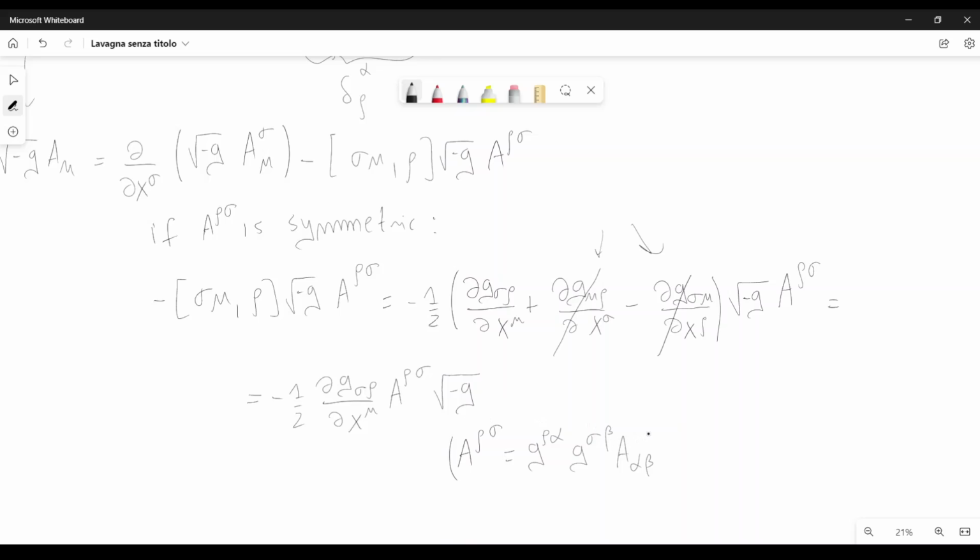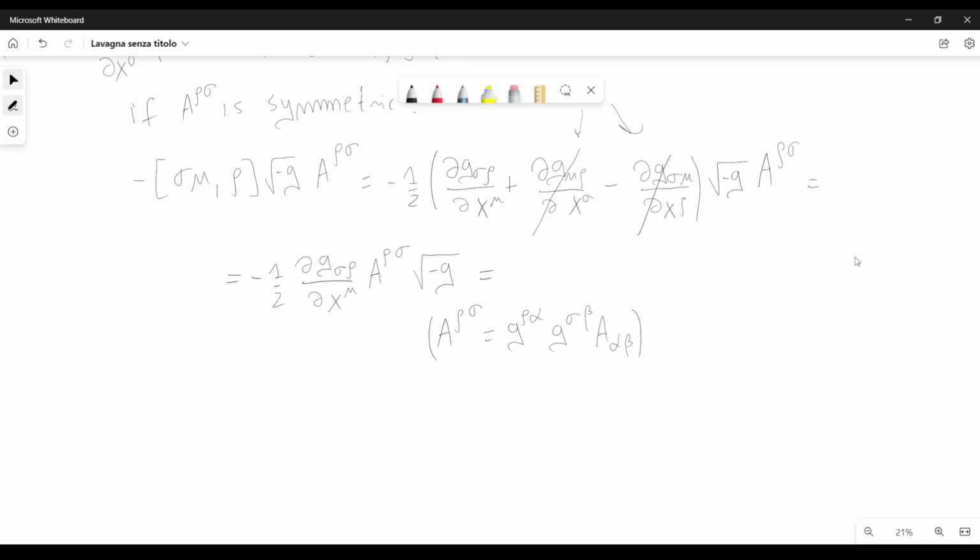If we do this, this can be written like this. It's minus 1/2 derivative of g sigma rho with respect to x mu times g rho alpha g sigma beta times a alpha beta, and I should also multiply by square root of minus g.